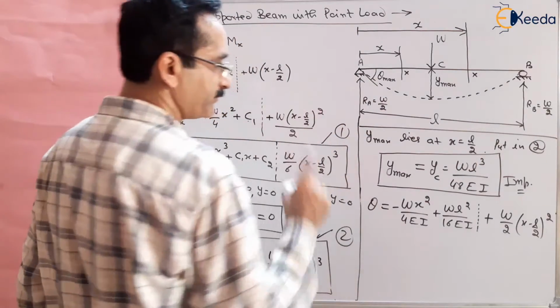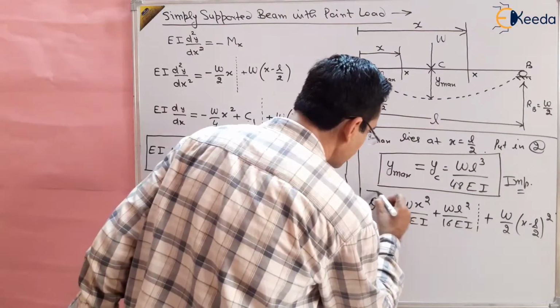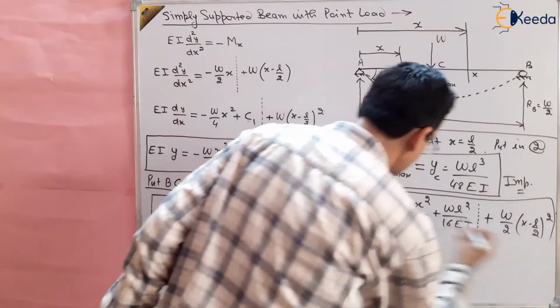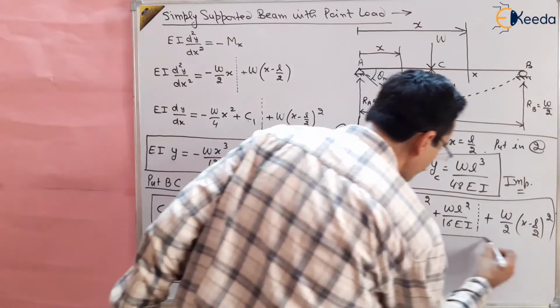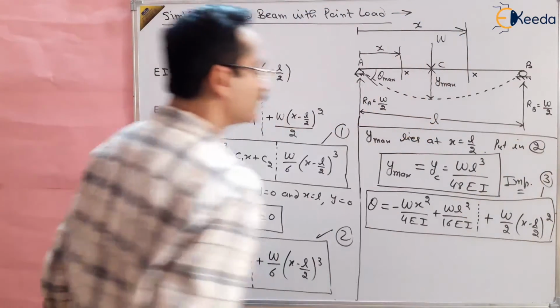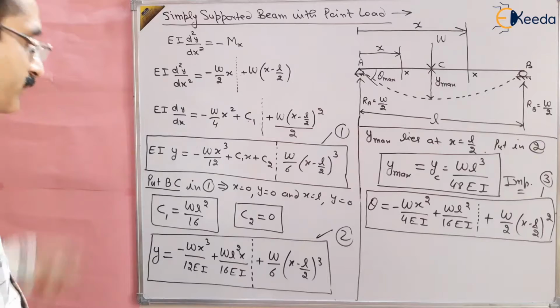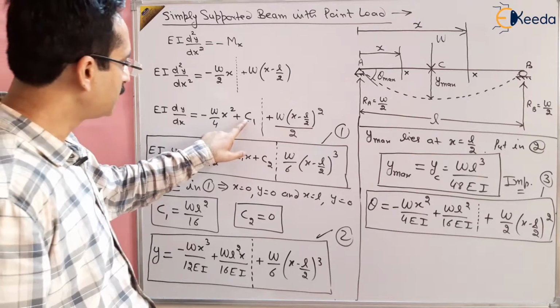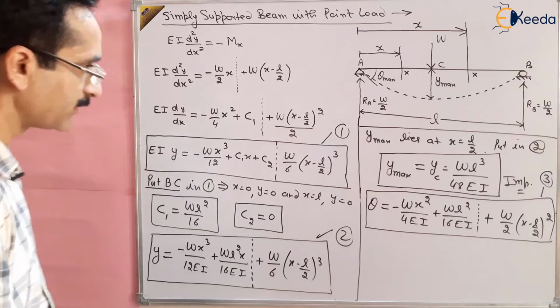So this is theta, the slope. This is another equation, slope as a function of x. At any point you can find the slope, right? This is equation number 3, the slope. So put the value of C1 here and you will get the answer.